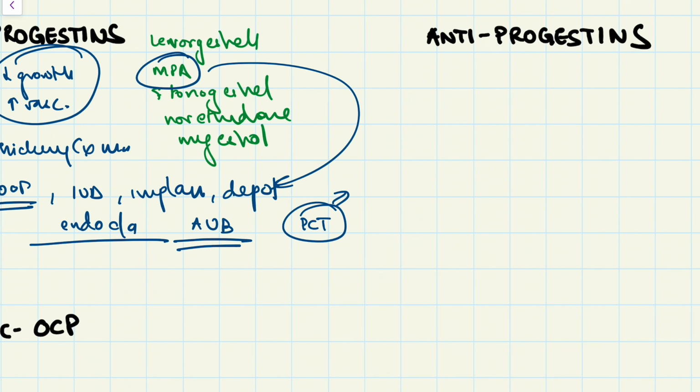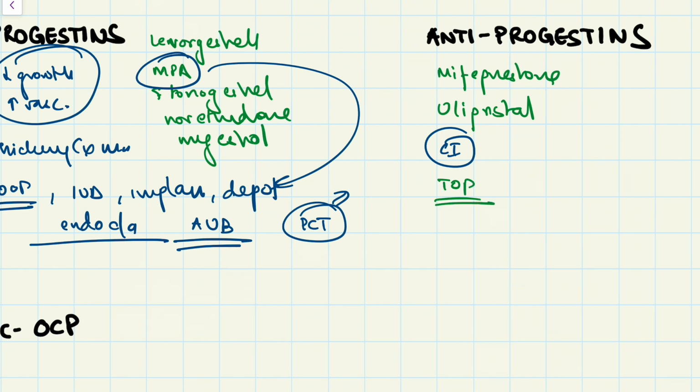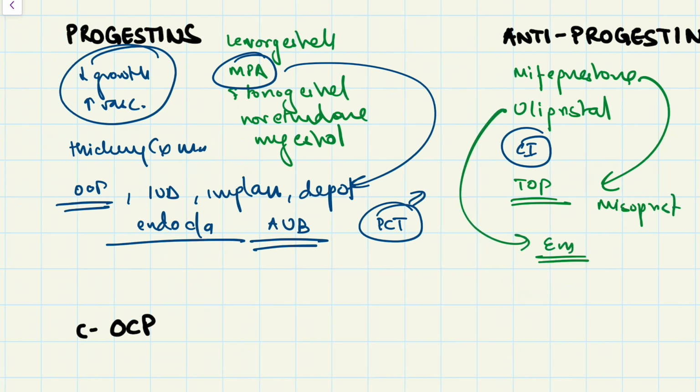Then antiprogestins, the examples are the famous mifepristone and ulipristal. So they are competitive inhibitors of progestins at the progesterone receptors, and they are used in termination of pregnancy. Right, we know that for abortions mifepristone is combined with misoprostol, and ulipristal is used as an emergency contraceptive.